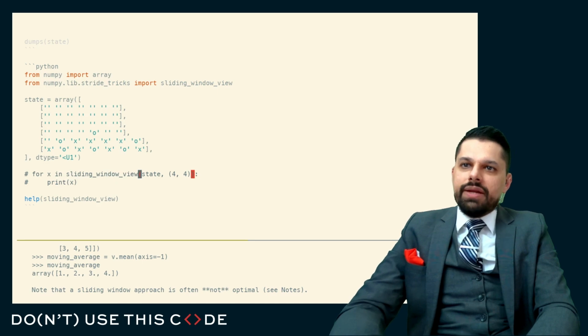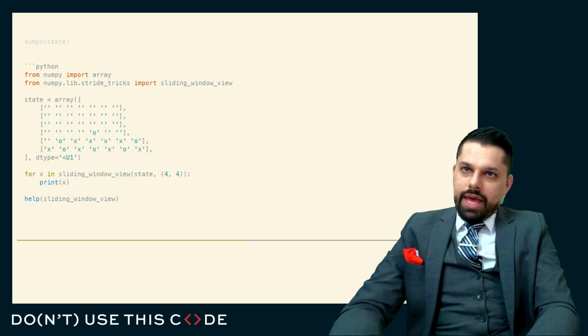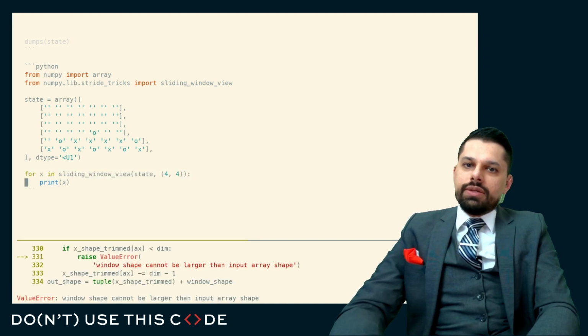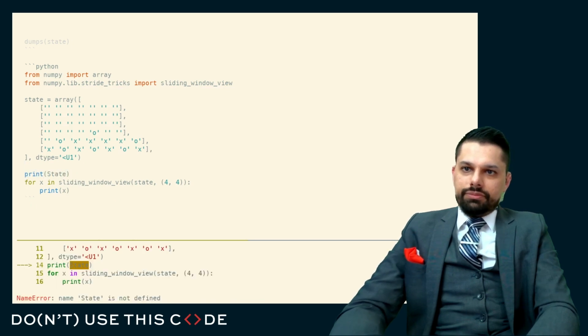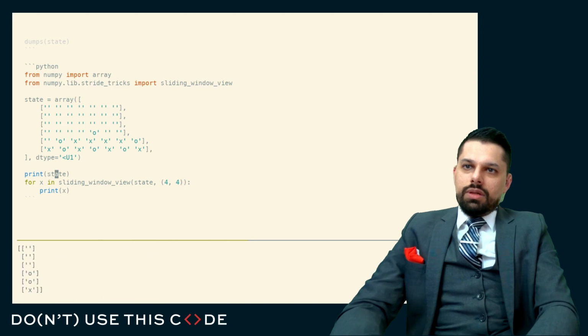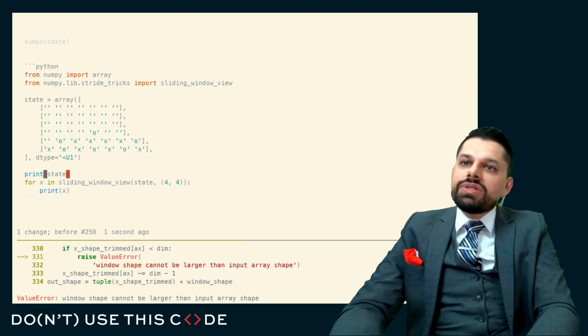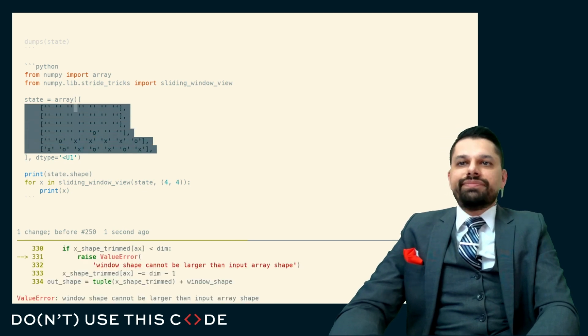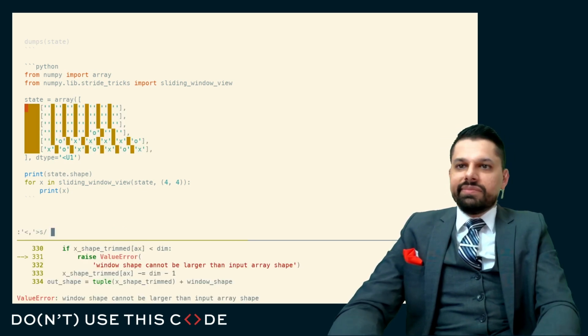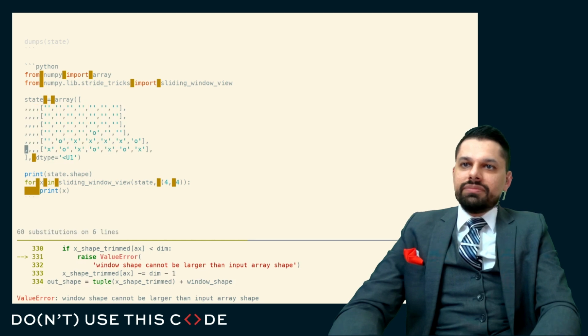So it should be the state in 4 by 4. So that's good. So why doesn't this work? Let's see what our state is, and let's see what our shape is. Oh, and we have some typo here. Oh, because of the stupid commas. What are you doing to me, NumPy?